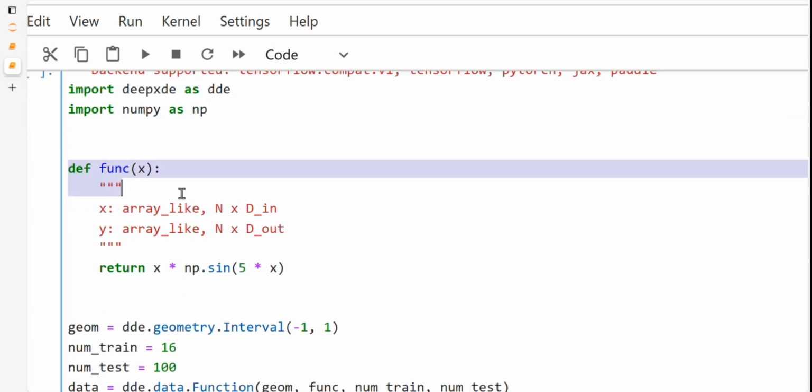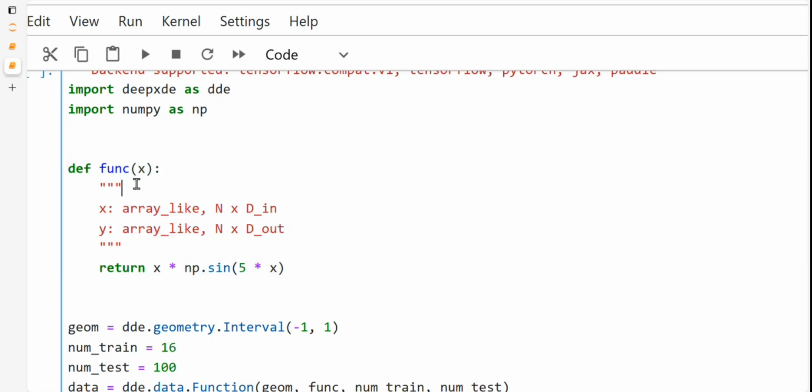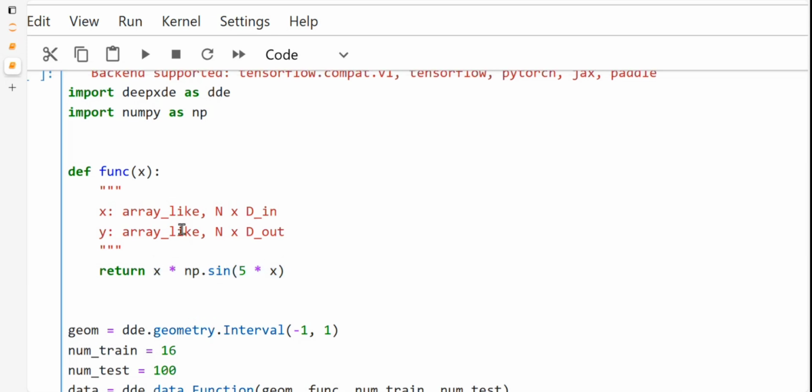Then we define the function. In Python, we define a function like this, where we have one input, which is x. Then we have an output, which is our function. You can see that the function is written as a static function.